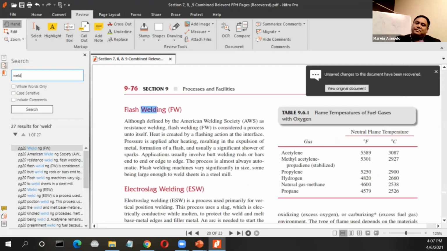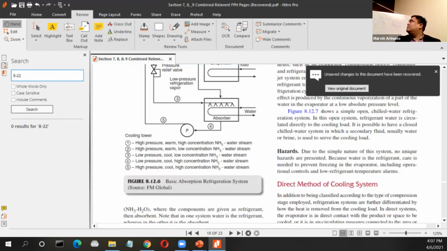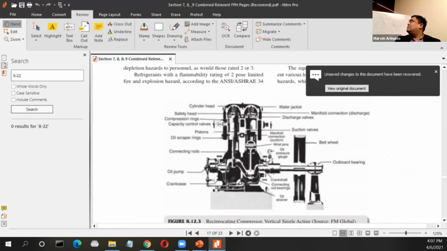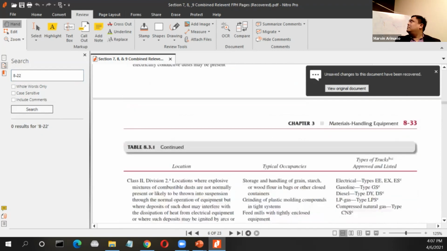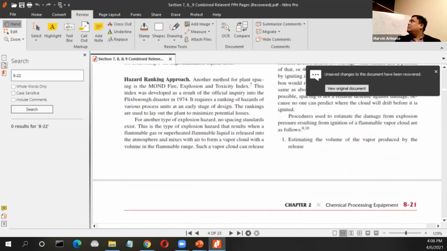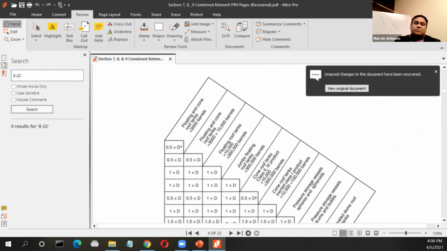Page 8-22. No 22? There is. Twenty-one, 32.